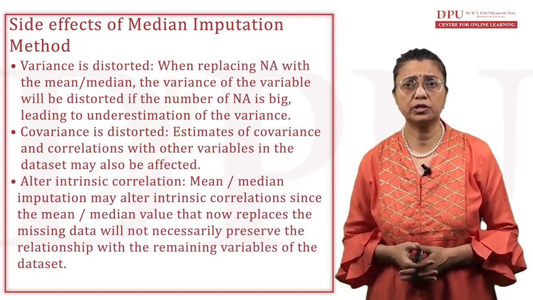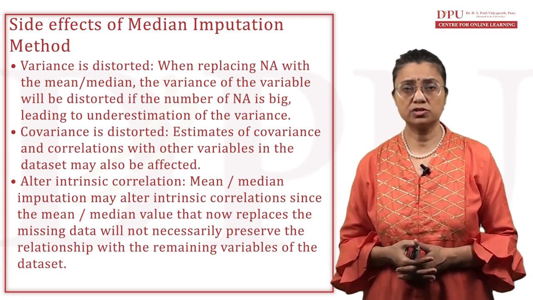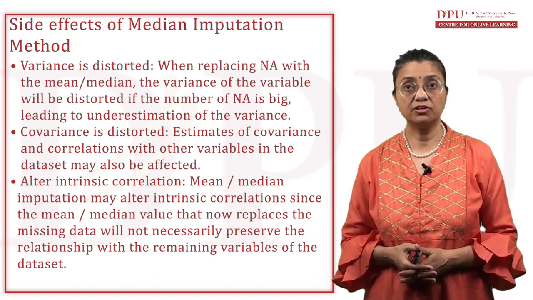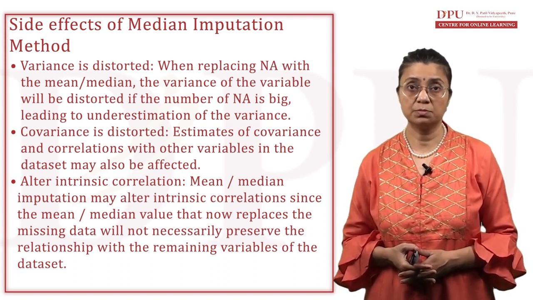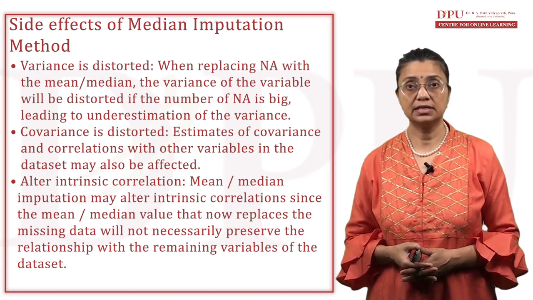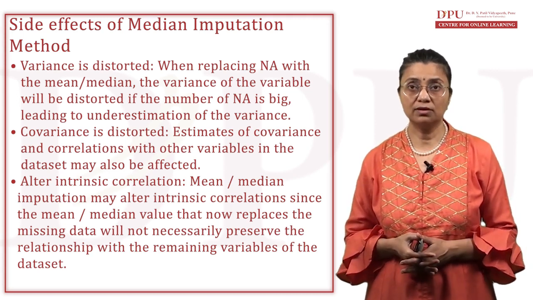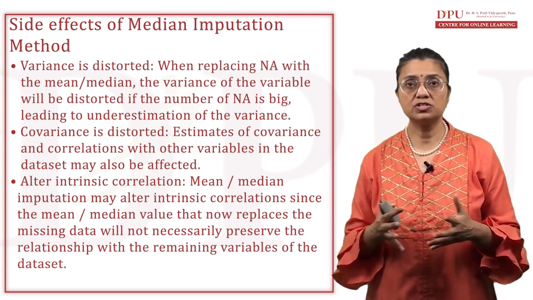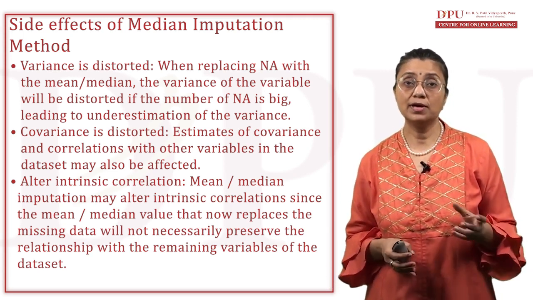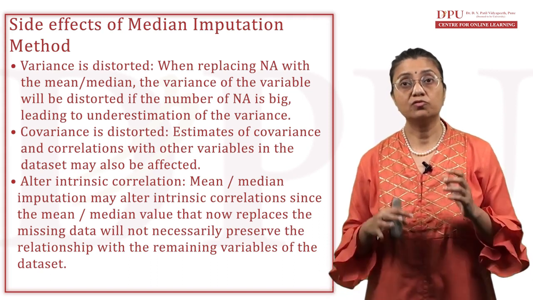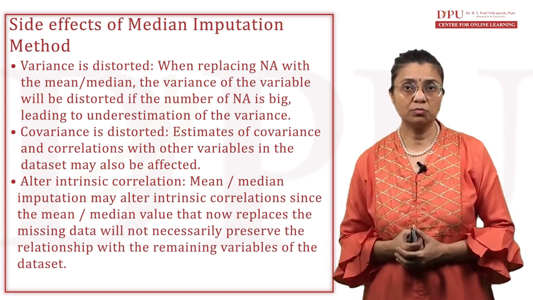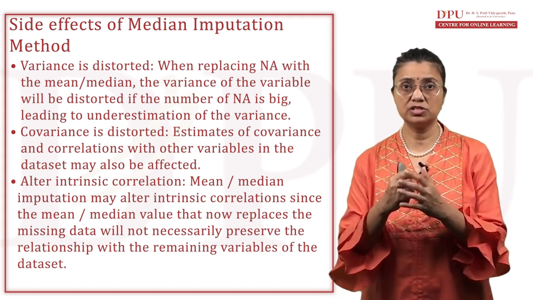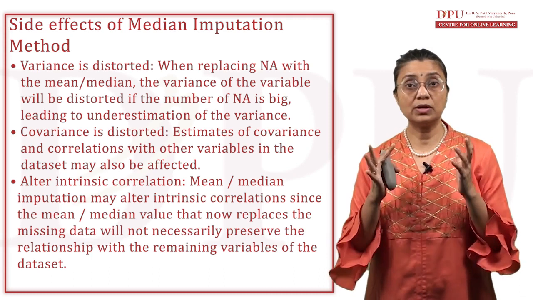Mean or median imputation may alter intrinsic correlation, since the mean and median value that now replaces the missing data will not necessarily preserve the relationship with the remaining variables of the data set. So mainly what we are trying to convey here is that it might alter the intrinsic correlation between various columns, because when we have replaced the missing data with some assumed mean or median, it is not necessary that the correlation coefficients between the variables will remain the same.